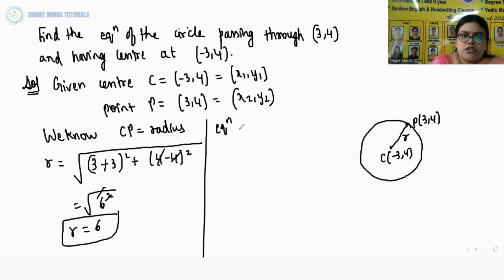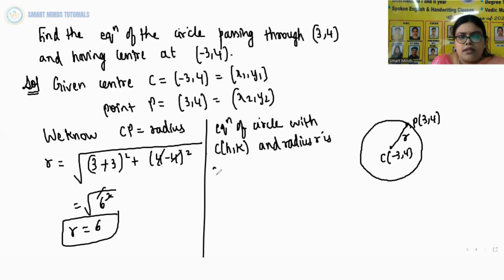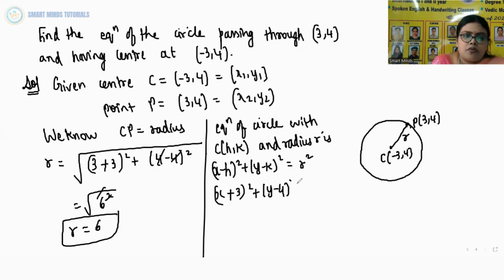Now what is the equation of the circle with center (h, k) and radius r? The formula is (x minus h) whole square plus (y minus k) whole square is equal to r square. Take center as (h, k). So (x minus of minus 3, which will become x plus 3) whole square plus (y minus 4) whole square is equal to 6 square.